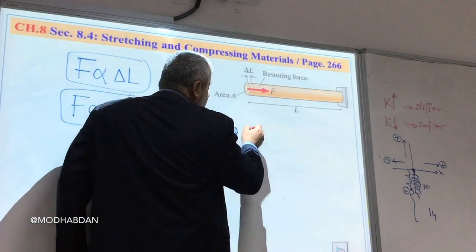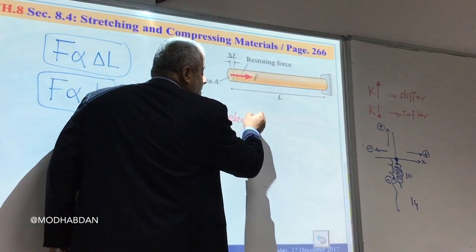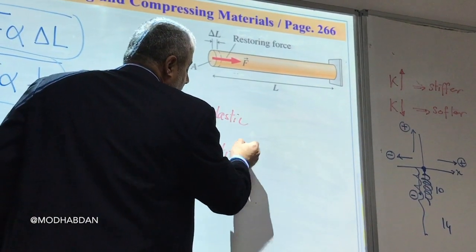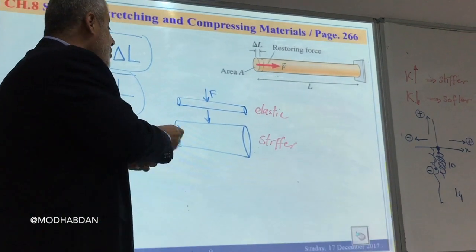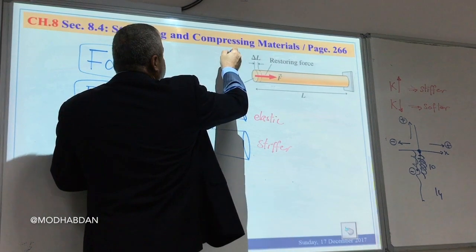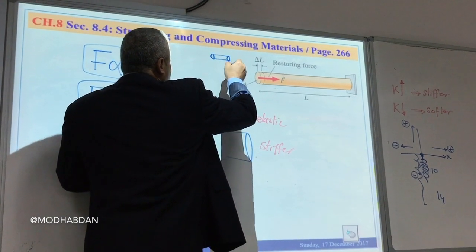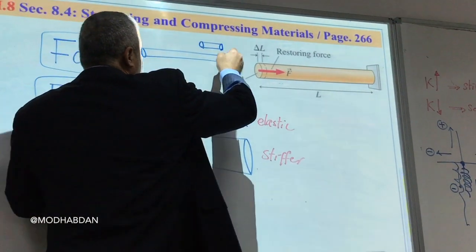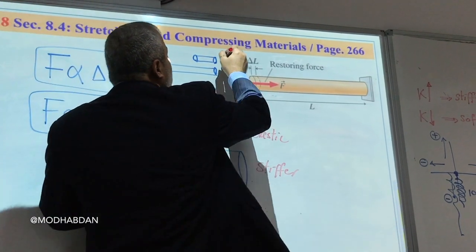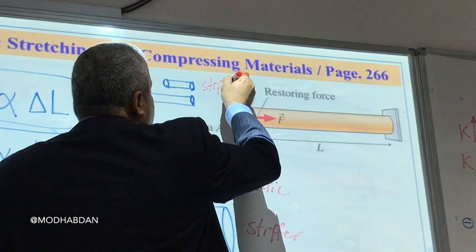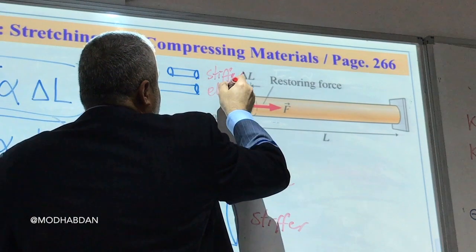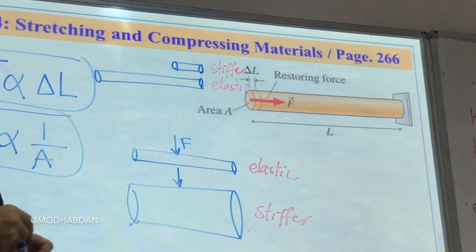This we call elastic because it can bend easily. This we call stiffer. Now in the other one, if we have a shorter one and a longer one like this, we say this one is stiffer and this one is elastic.